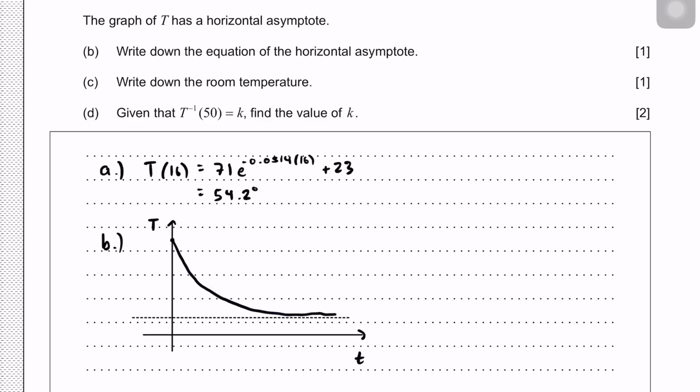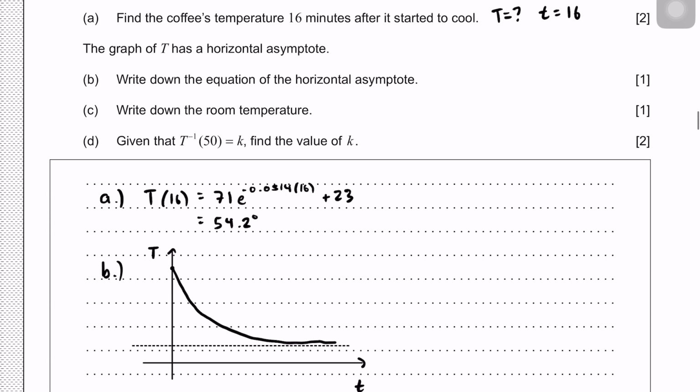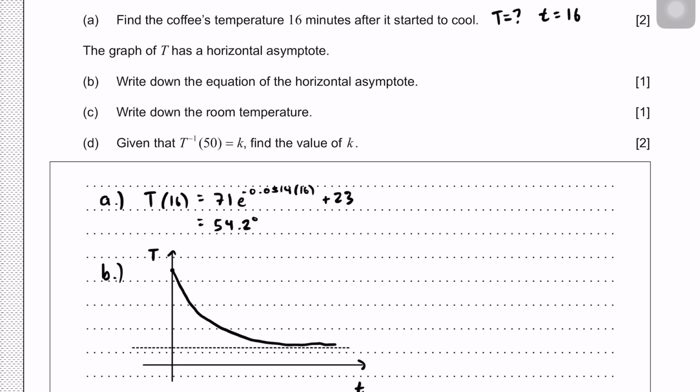And we can also have vertical asymptotes, but here we're asked about the equation of a horizontal asymptote. So what is the temperature that this coffee approaches, but never quite reaches, at least in theory? Well, looking at this function, we have this first term, 71e to the negative 0.0514t, and then we also have this constant here.